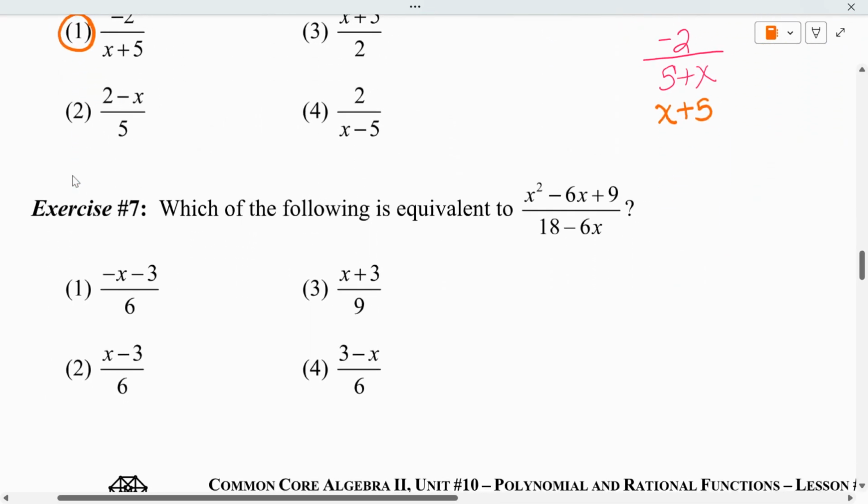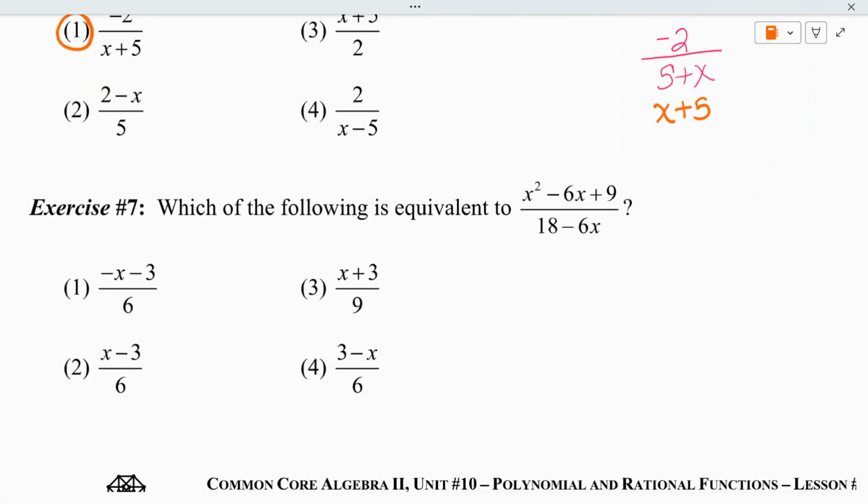How are we going to factor this numerator? What 2 numbers can you multiply together to get 9 that when you add them, you get negative 6? Negative 3, negative 3. Who was it who said that? Good job, Kane. X minus 3 times x minus 3. What do you notice in the denominator?